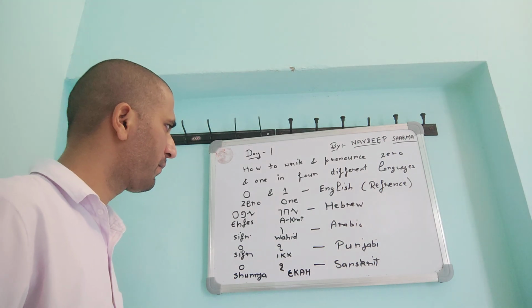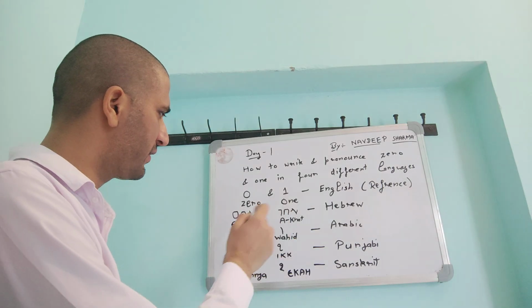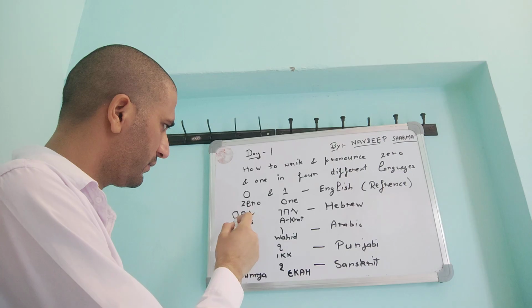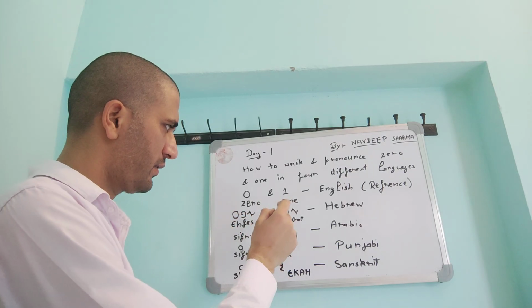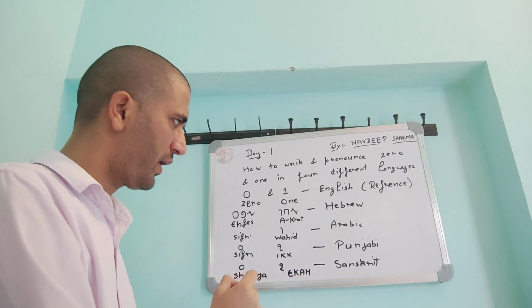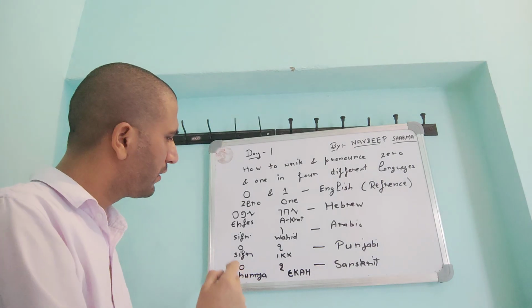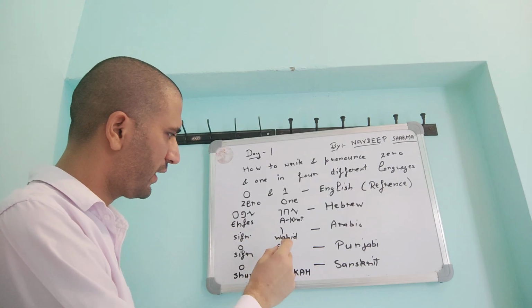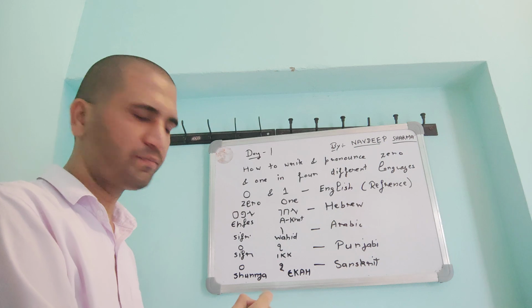For revision, we view again: 0 in Hebrew is Ehefes and 1 in Hebrew is Akhat. And in Arabic 0 is called as Sifr and 1 is called as Wahid.